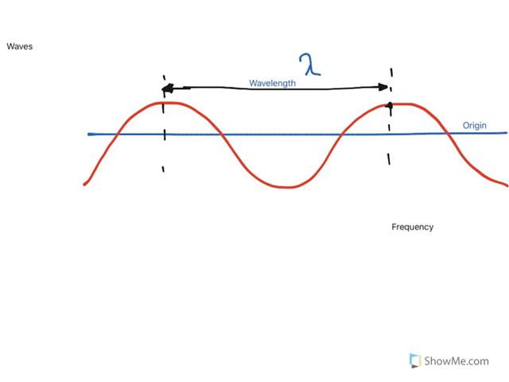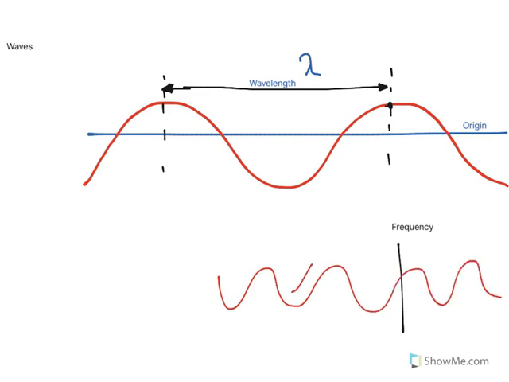Frequency is the number of wave cycles to pass a given point per unit of time. So let's say this is the point we're focusing on, and a wave is constantly moving. Imagine we take out a stopwatch and allow 1 second to pass by.